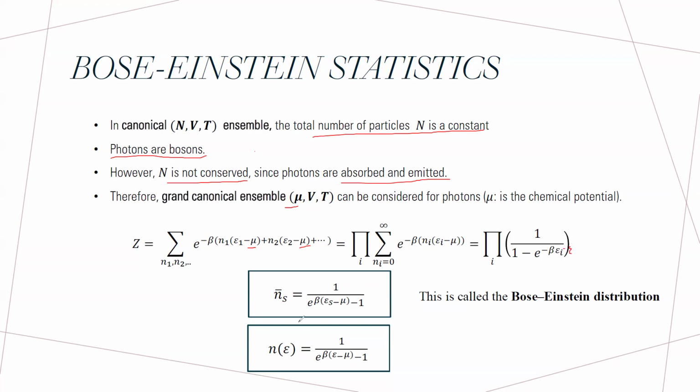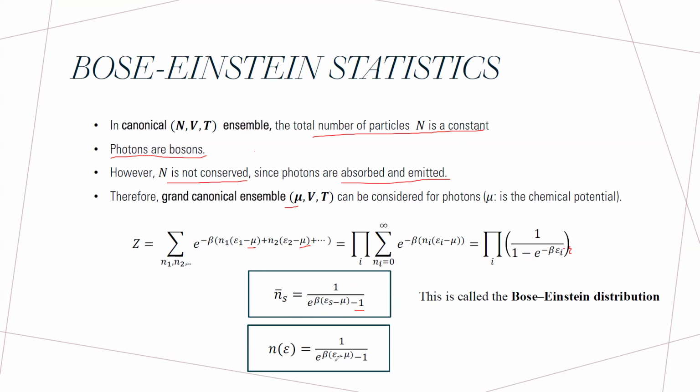And so we can show that the mean occupation number of the s energy state is given by 1 over exponential of beta times epsilon s minus mu, minus 1. And this is for a discrete system where the energy values are discrete.